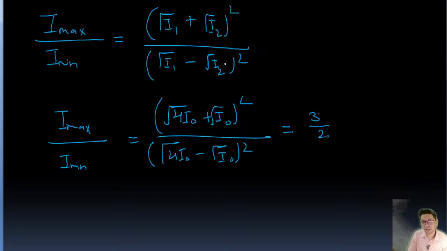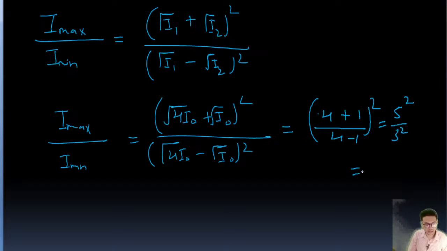So 2 plus 1 upon 2 minus 1, whole square. So this value is going to be 3 square upon 1 square, so this is 9.